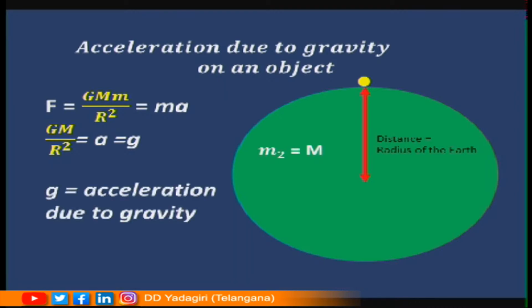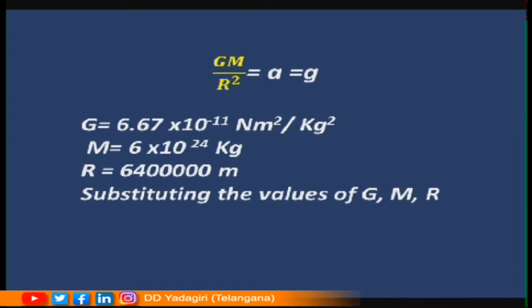So, the acceleration due to gravity is G M by r square, where M is the mass of the earth and r is the radius of the earth. This acceleration is called acceleration due to gravity. Calculating the values, we get g equal to 9.8 meter per second square.